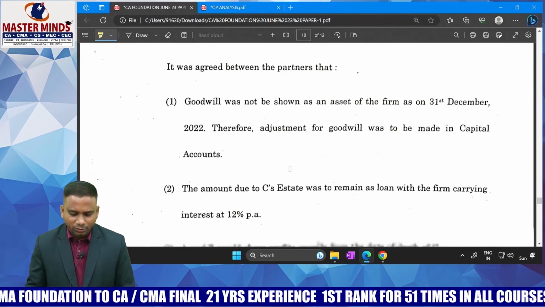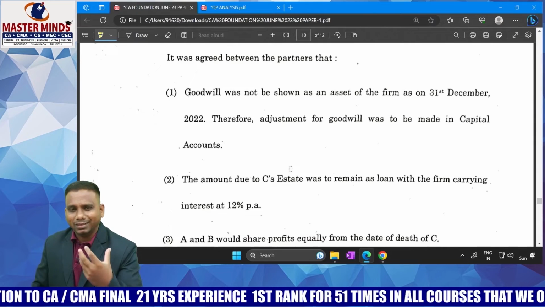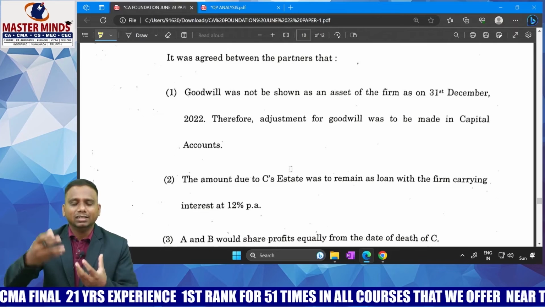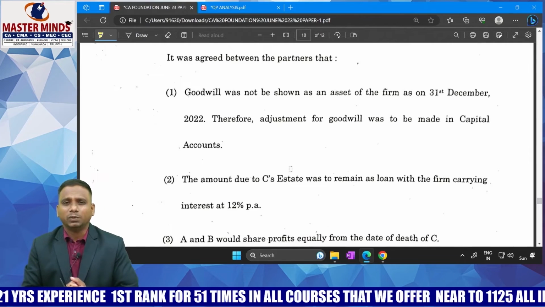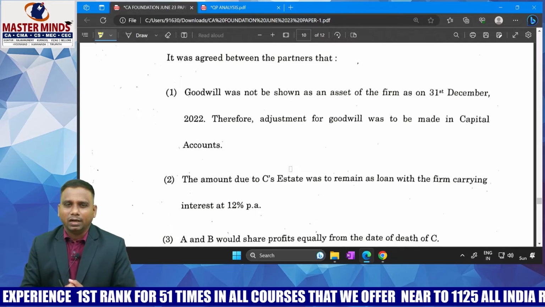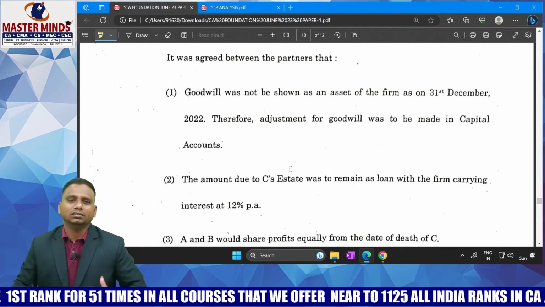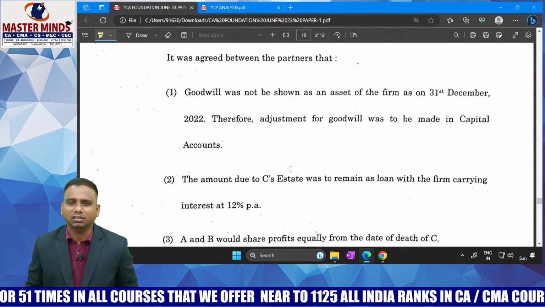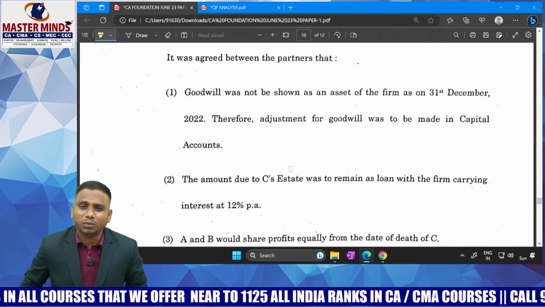Next, it was agreed between the partners how, when a partner died, you are going to settle with the executors of the deceased partner. I repeat, after the death of a partner, how are you going to settle the partner's capital account, or whatever amount is due to the deceased partner, to whom we pay, the executors of the deceased partner.